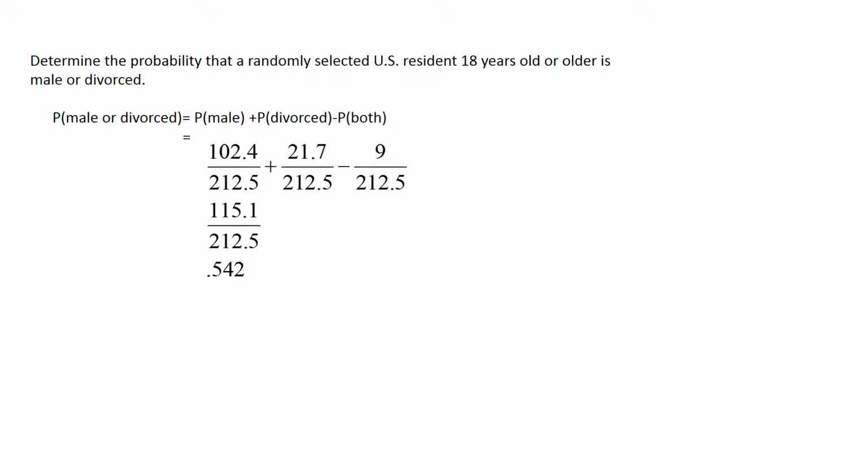The answer is 102.4 divided by 212.5 plus 21.7 divided by 212.5 minus the overlap 9 over 212.5. This equals 115.1 divided by 212.5, which equals 0.542.